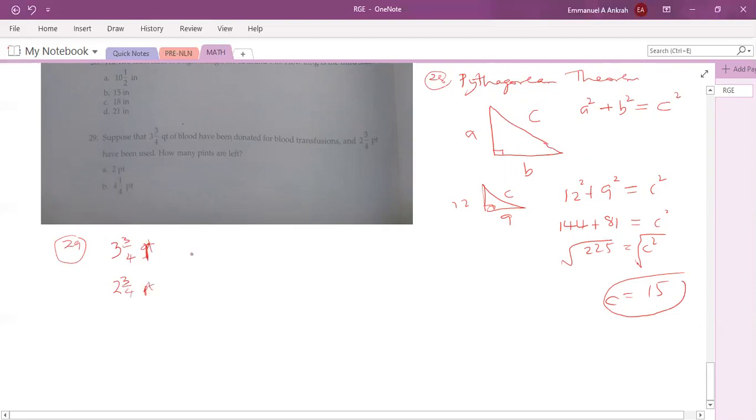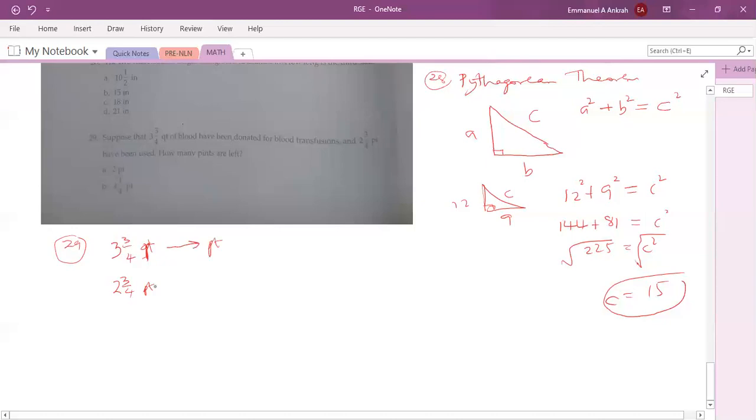You have two different units, quarts and pints. You can't work with them together. You have to work with the same units, so you have to convert one to the other. So what we could do is change this to pints.